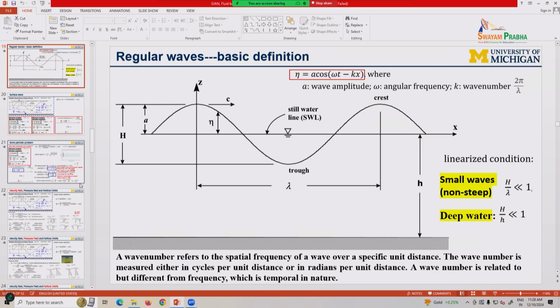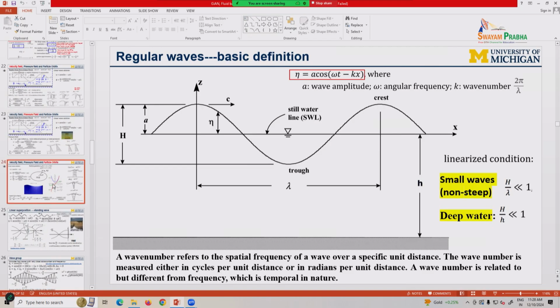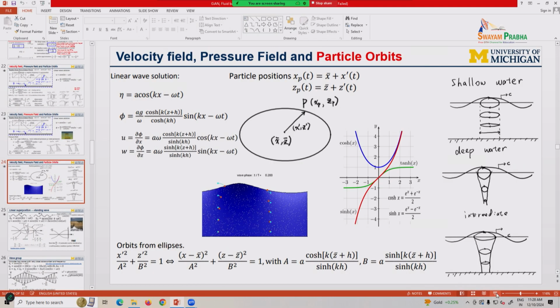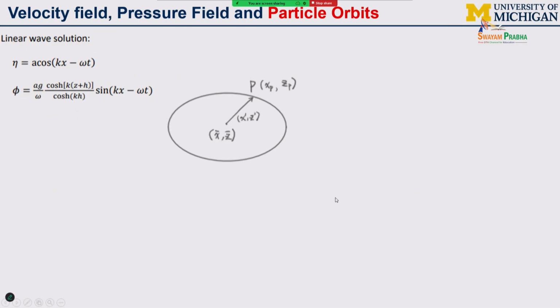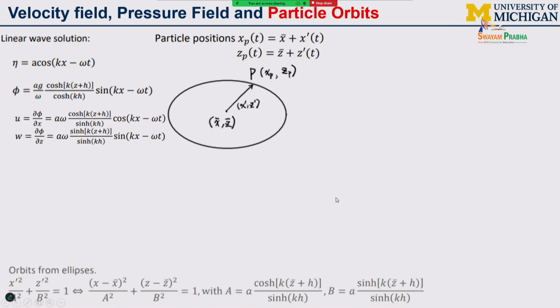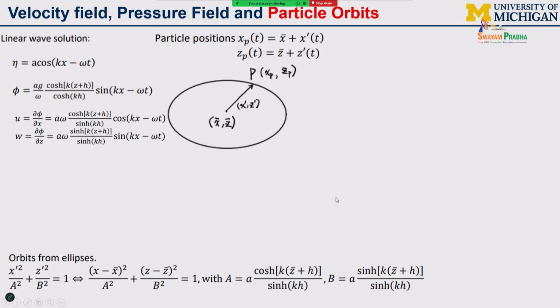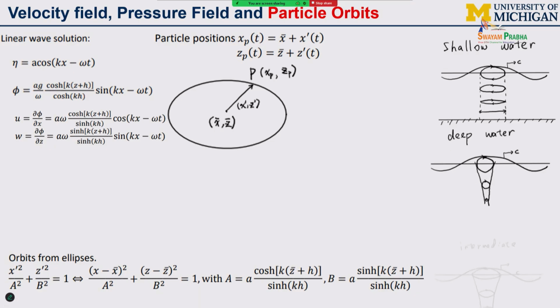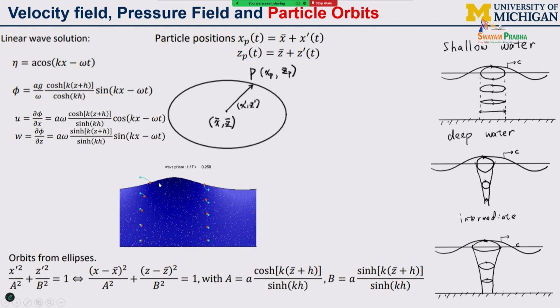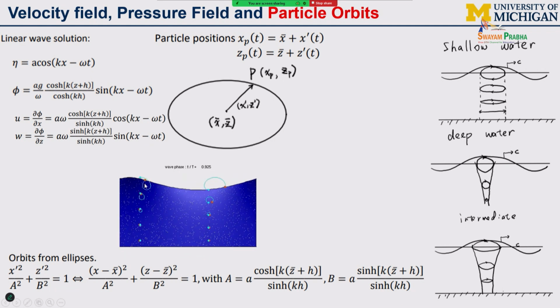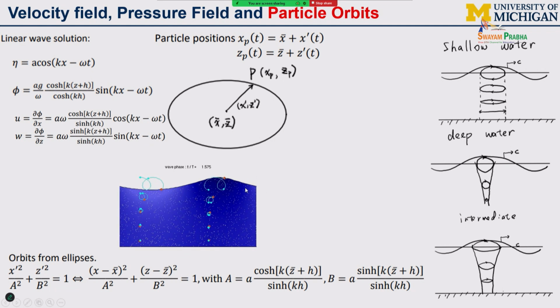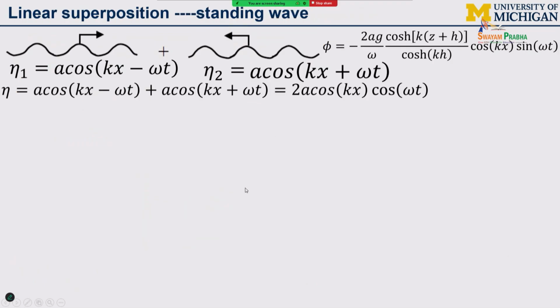In such a case, you can have the closed loop circle. Otherwise there is some drift motion. You can see this, right? You get a sense the particle didn't come back exactly.